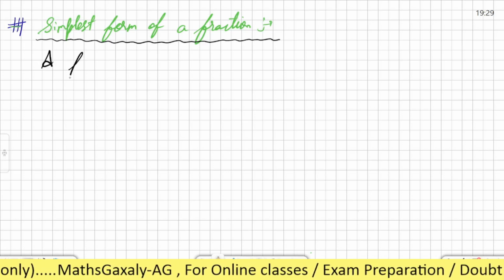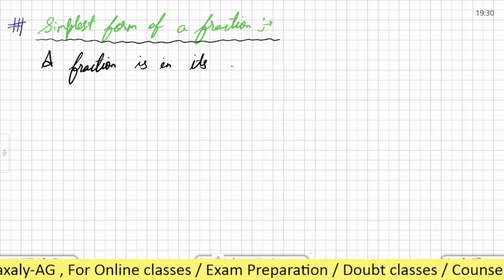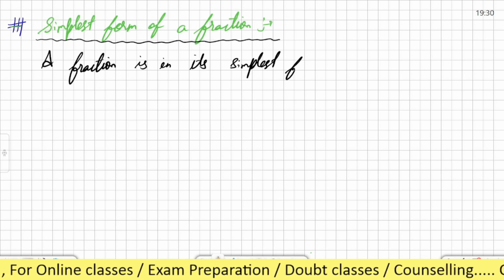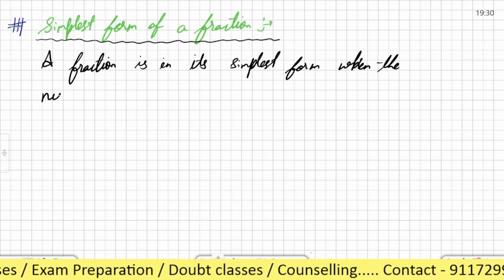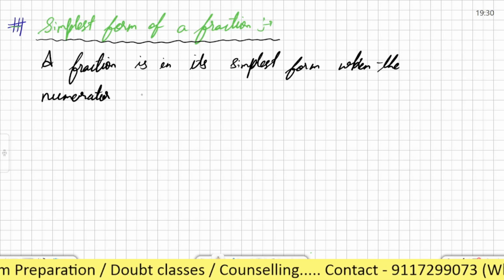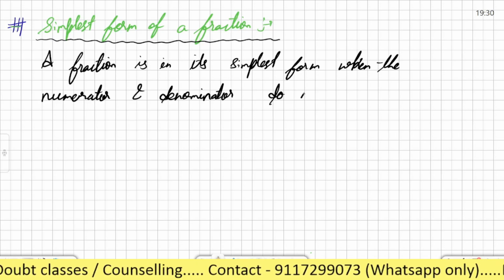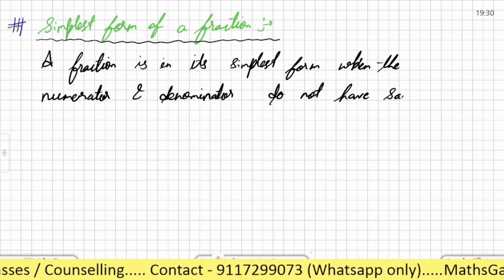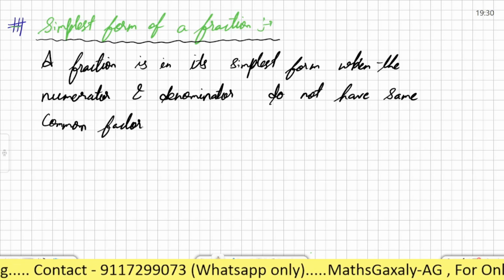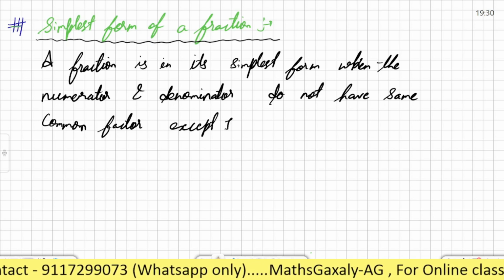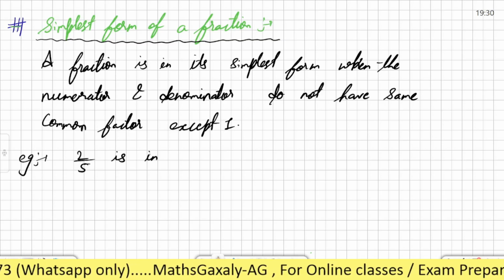What we can say is that a fraction is in its simplest form when the numerator and denominator do not have a common factor except one, okay. So as an example we can say that 2 by 5 is in its simplest form, okay.